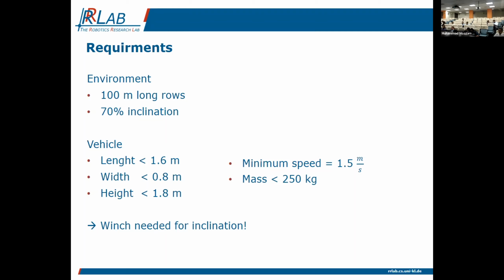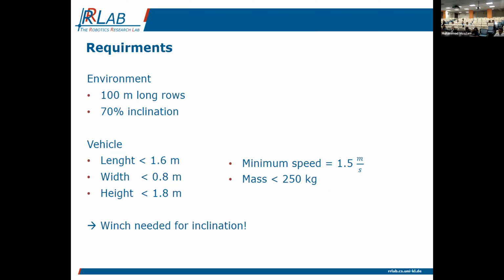Of course, we try to work as fast as possible, but on the other hand, we want a long working time without changing accus. So we want a good mixture: mass should be as low as possible and speed as high as possible.